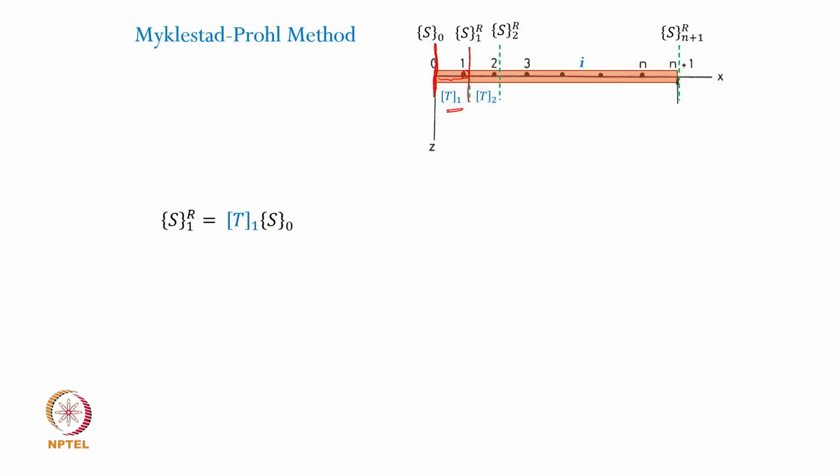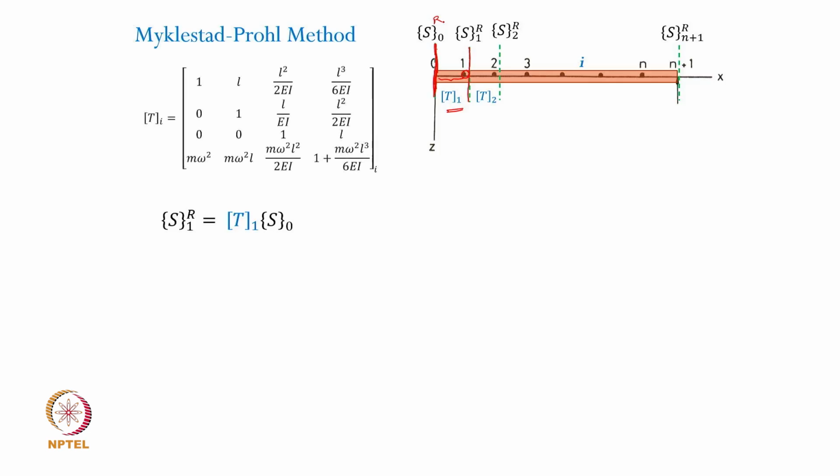So there is no need to write R here. You can just write S0 as the state vector, which is the extreme state vector on the left side. They get related through this transfer matrix T1, where Ti or any ith segment's transfer matrix is given by this.